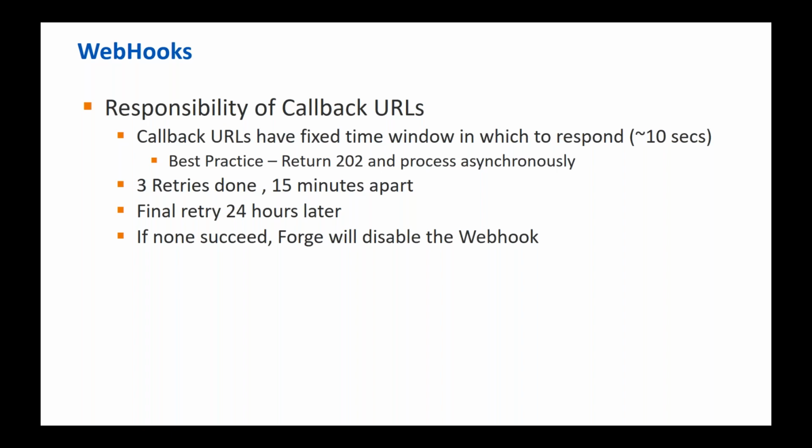So the best practice when you reply to that callback is to return immediately a 202 HTTP code, which means that you accepted the callback, and then you do your work, because Forge doesn't need to know what you're doing and how long it takes. It just needs to know, have you received the notification? So you just say yes, and then you do your work.